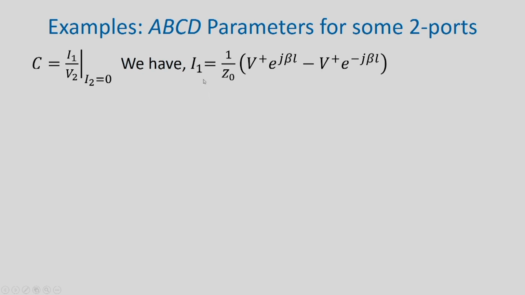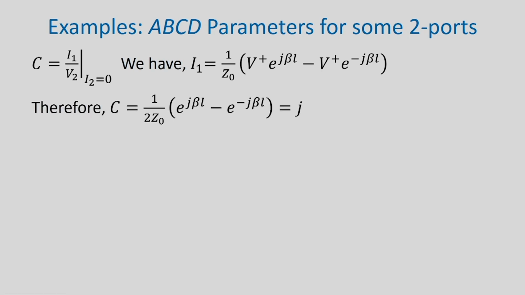Now, I1 can be written as 1 by Z0 V plus e to the power j beta L, z has been replaced by minus L, minus V minus has been replaced by V plus e to the power j beta L. And therefore, now we can write 1 by 2 Z0 e to the power j beta L minus e to the power minus j beta L, because this V plus when taken out will cancel with the V plus of V2, and this can be written as j Y0 sin beta l, where Y0 is 1 by Z0.